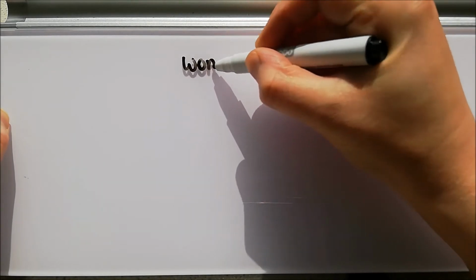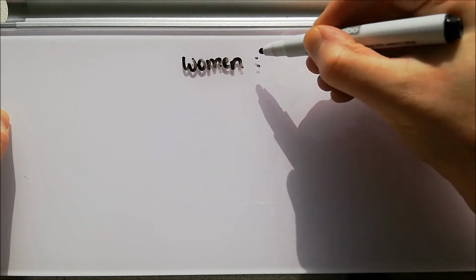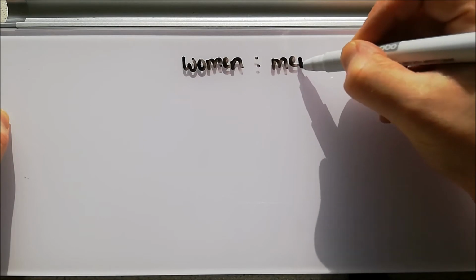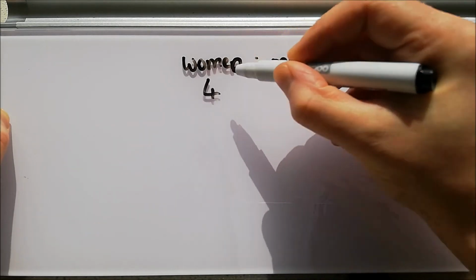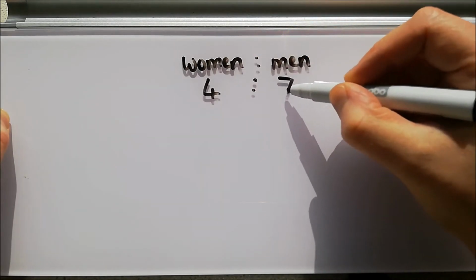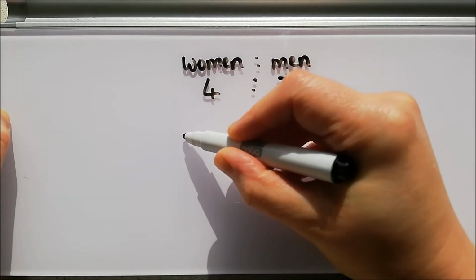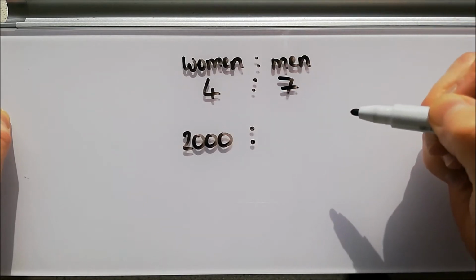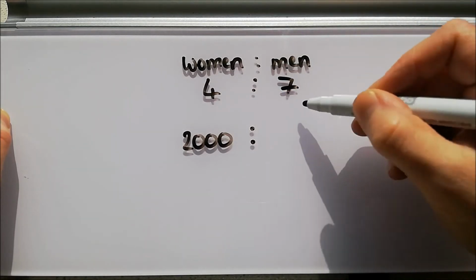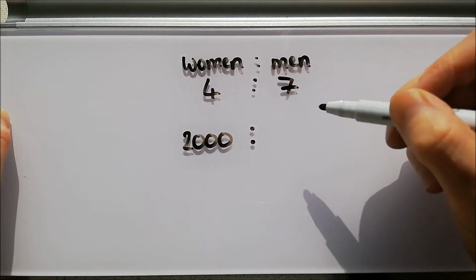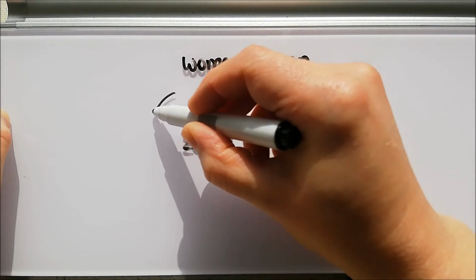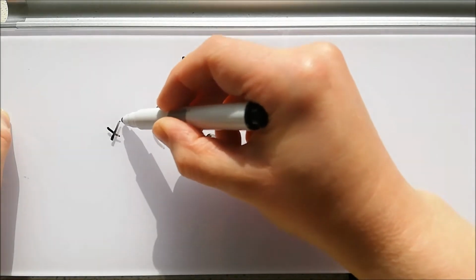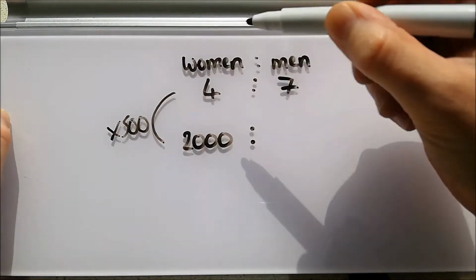So for this one, we would put women to men, and then the ratio was 4 to 7. And then there were 2,000 women, so we put 2,000 on the women's side, and it's this bit here that we're being asked about. To get from 4 to 2,000, we times by 500.